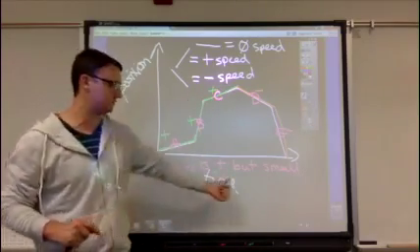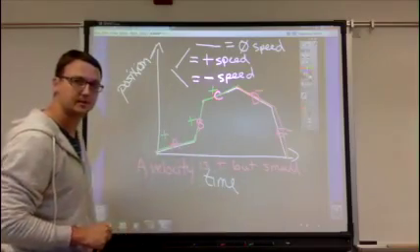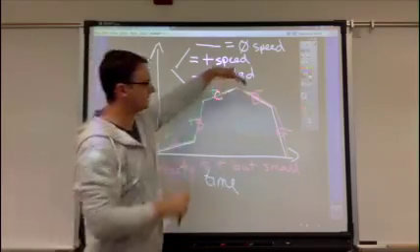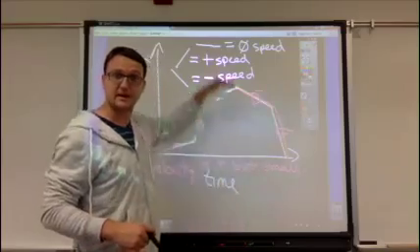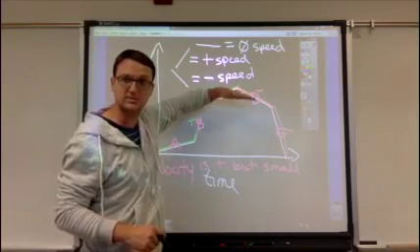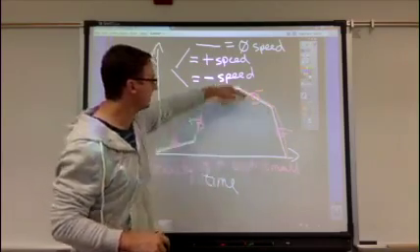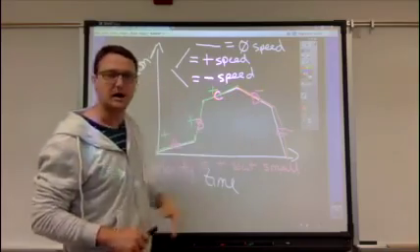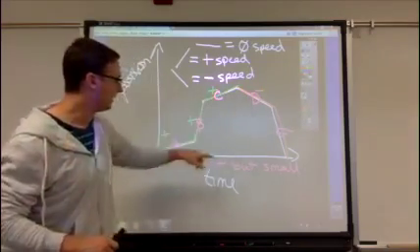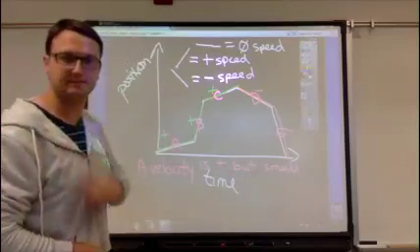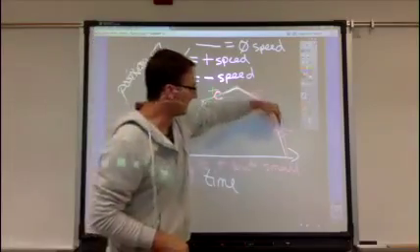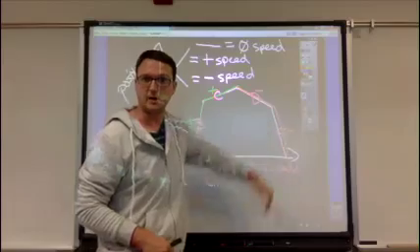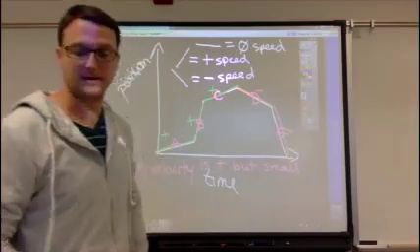So C would be similar to the statement right here. D, on the other hand, is in the negative direction, but it's not a steep negative direction. It's a gradual downhill. So in that case, we would call that a negative but small velocity. And then we have a negative and a large velocity.